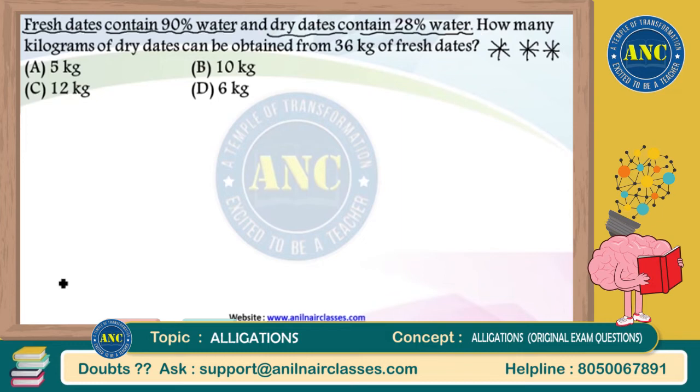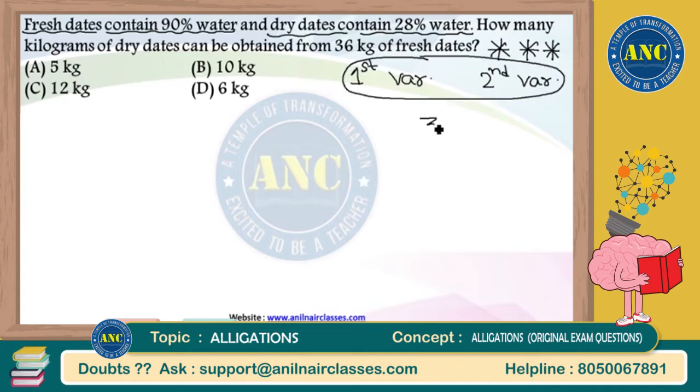Now let us understand like this, sir. Think logically. Everywhere in alligation, there is a first variety and a second variety. If I combine these two varieties, I will get the resultant, which is my third variety. Combination of first and second variety gives me the resultant variety called the third variety.